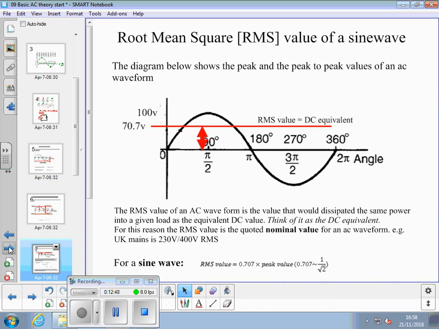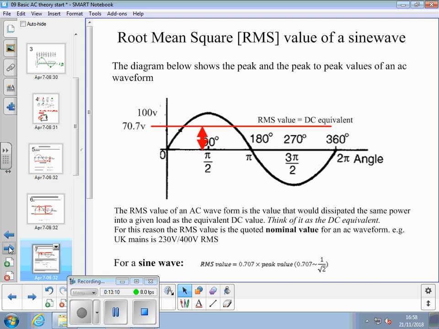What we're saying is this 100 volt AC sine wave would deliver the same power to the same 10 ohm resistor as a 70.7 volt DC power supply. It's like a sort of an average.